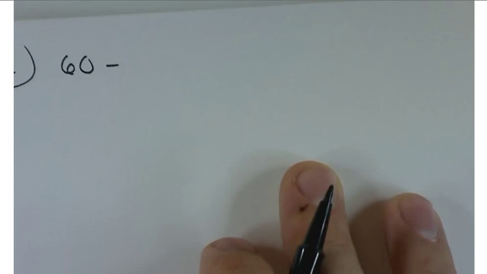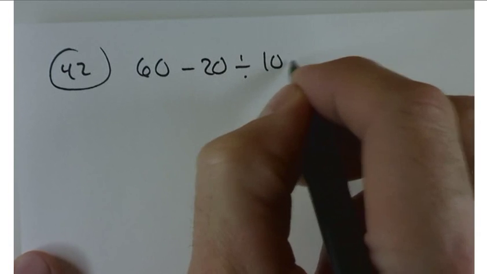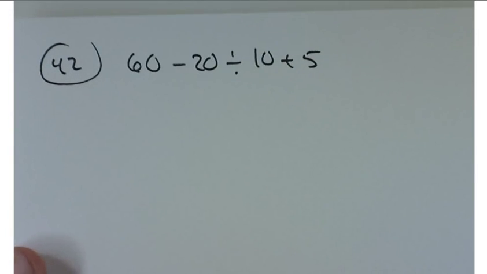But let's do a few problems here. Problem number 42. So 60 minus 20 divided by 10 plus 5.